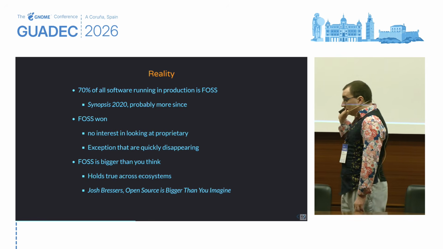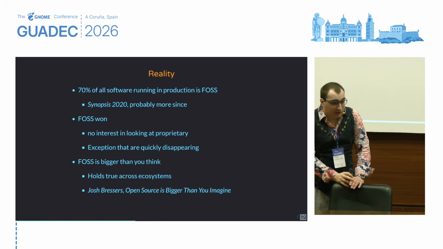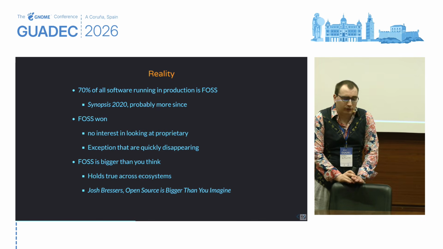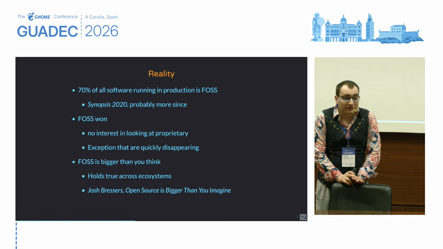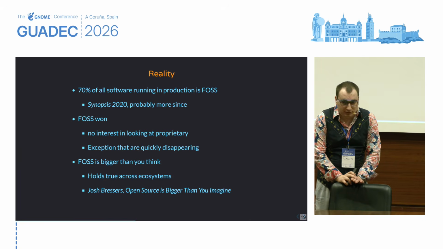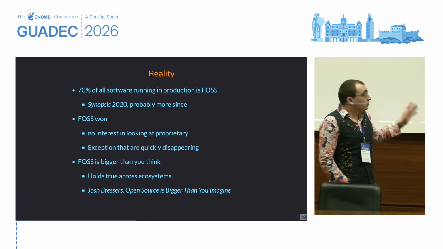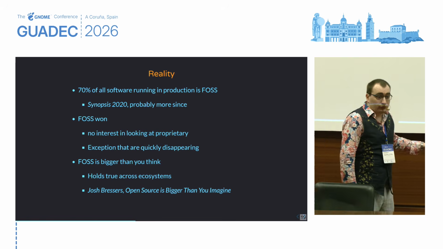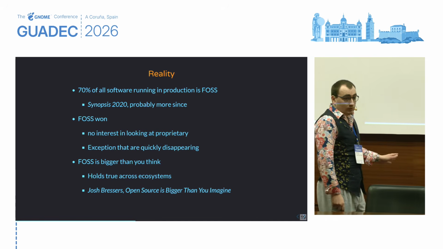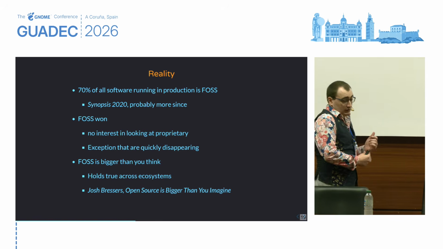He looked at the data across ecosystems. This is true, however you slice and dice it. There are millions and millions of libraries out there. And they are used. This is not just a random project by a student that was abandoned. You can keep them out of the data set, and you still get the same kind of results. The orders of magnitude do not change. Free open software runs everything, and it's bigger than you think.